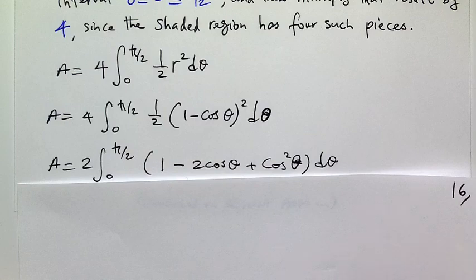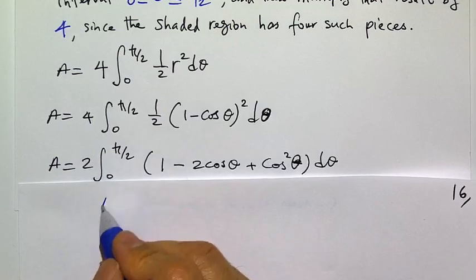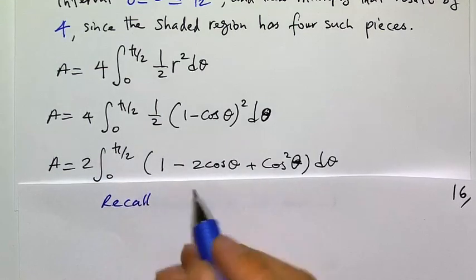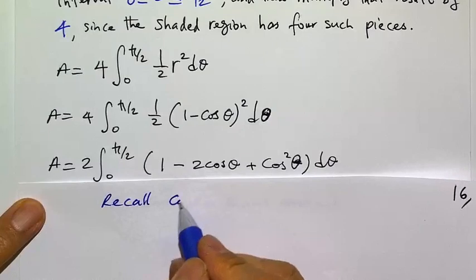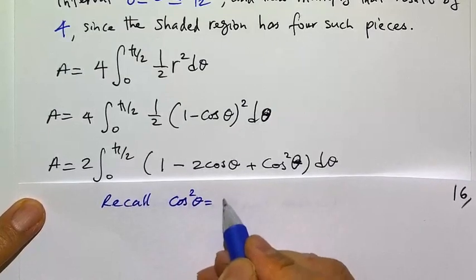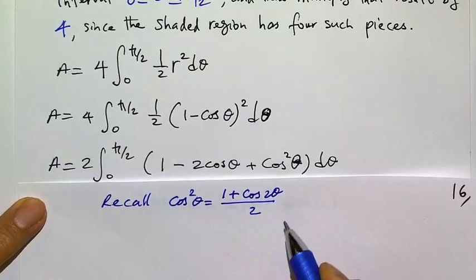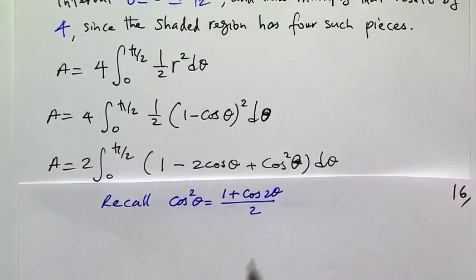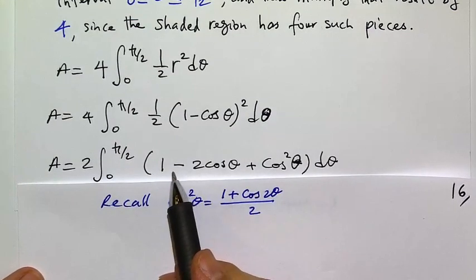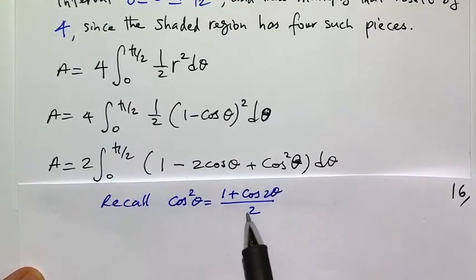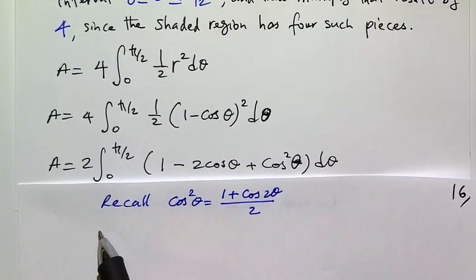So here you recall that very popular formula that cosine squared theta is equal to (1 plus cosine 2 theta) over 2. So these two terms are easy to integrate. It's this one that we have to manipulate a little bit.